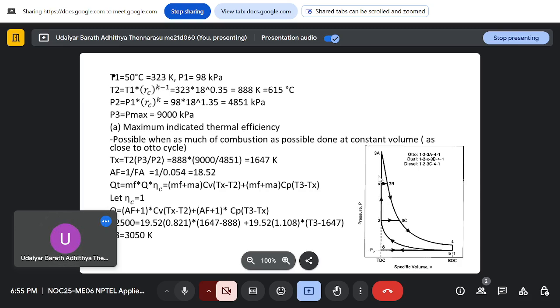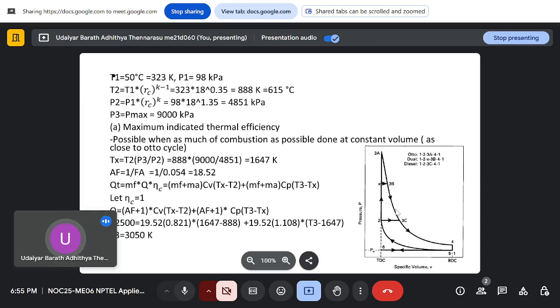If that is the maximum it can go, 3A is 9000 kilopascal, then it will fully go into an Otto cycle. Else, for the given heat addition, it will follow a dual cycle, so it can go to 9000 kilopascal, and the rest of the heat addition will happen at constant pressure.